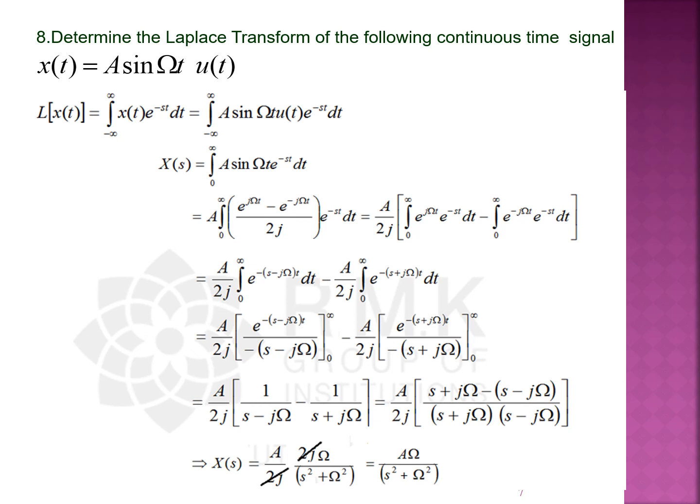In that case you can do a cross multiply and you get this answer. X of s is nothing but a by 2j into 2j omega by s square plus omega square. Here that 2 will get cancelled, j and j will get cancelled. It is going to be a omega by s square plus omega square. Correct?